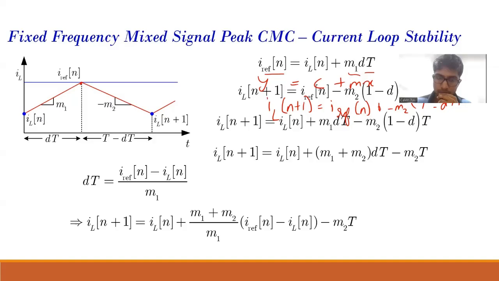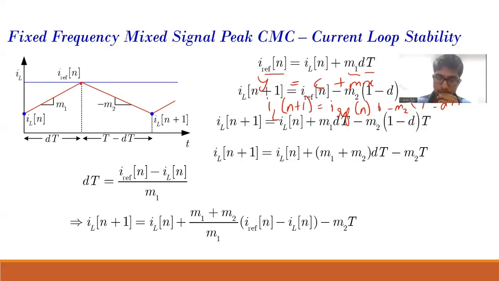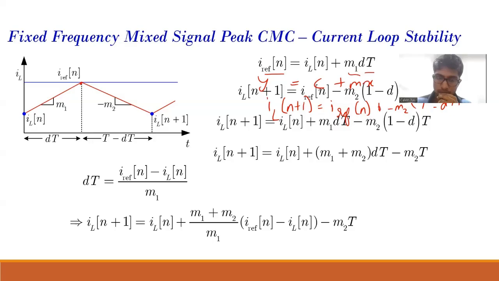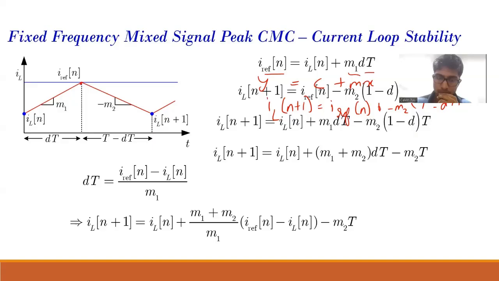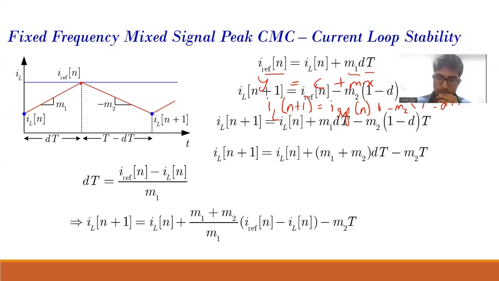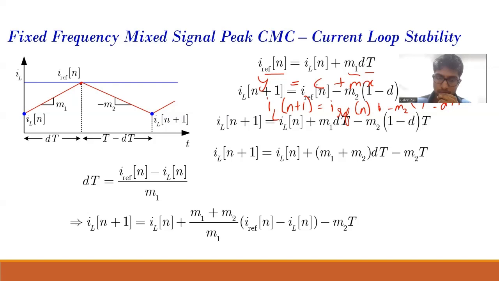Assume this is my unit circle. My pole should lie within it, somewhere here. It should not be outside. So if that is the case, then mod M2 upon M1 should be less than 1, and if we substitute that, then we will get my duty ratio should be less than 0.5 for it to be stable.